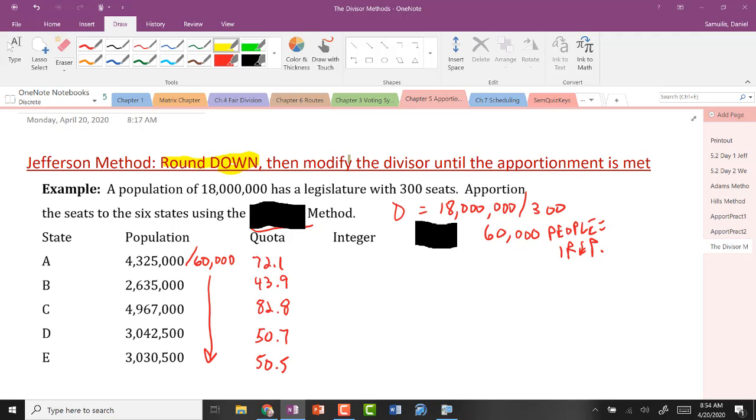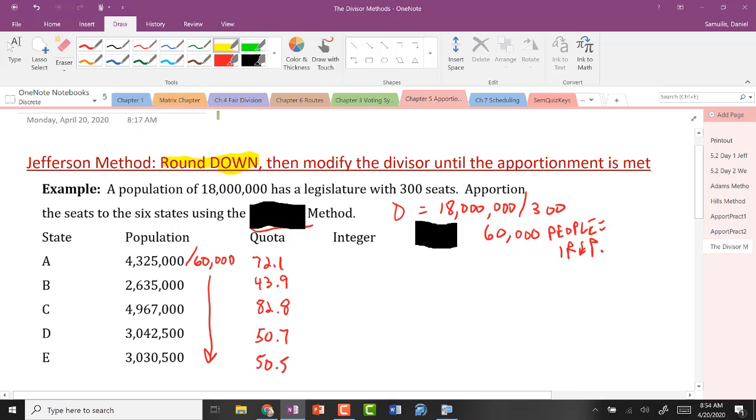They divide by the 60,000, you get a quota, and then you just assign extra seats after that based off of either fractional part or relative fractional part, respectively. Here, it's called a divisor method because after the first rounding fails, you change the divisor until the apportionment is met. I'll show you what that means.